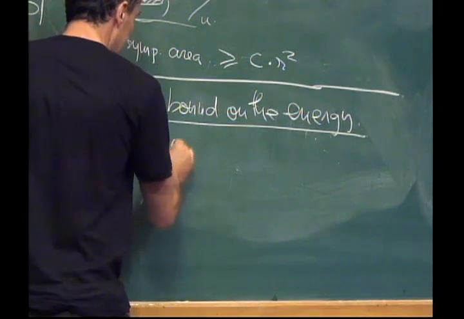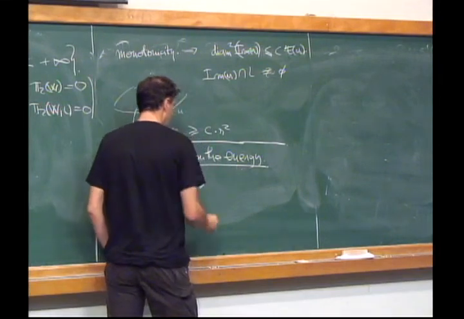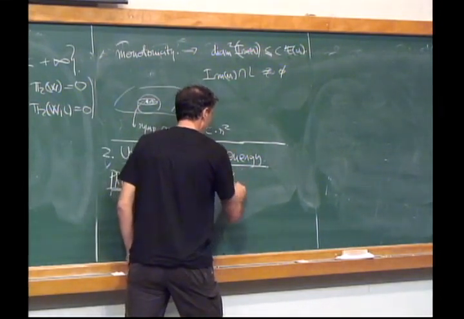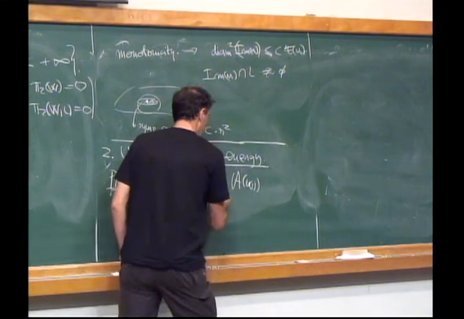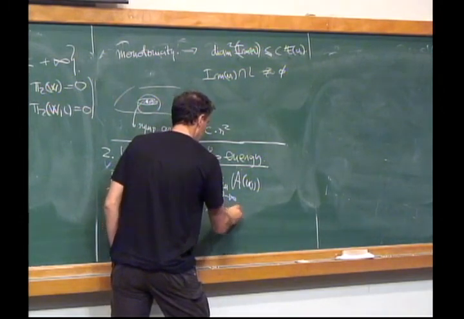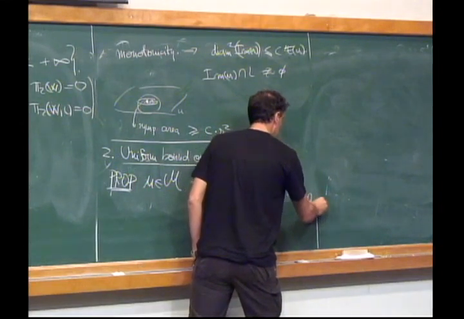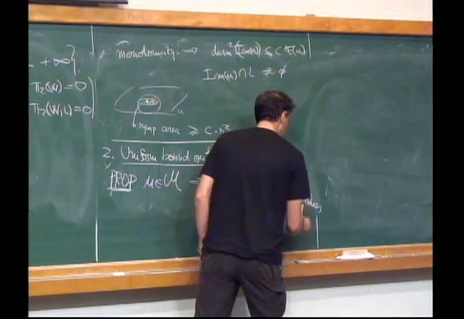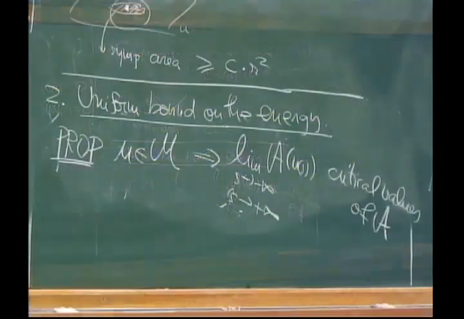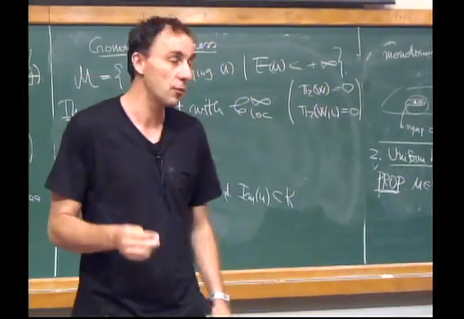If U is in M, then the limits of A of U(s) for s to minus infinity and for s to plus infinity are critical values of A. Okay? I don't know anything about the limit of U itself.